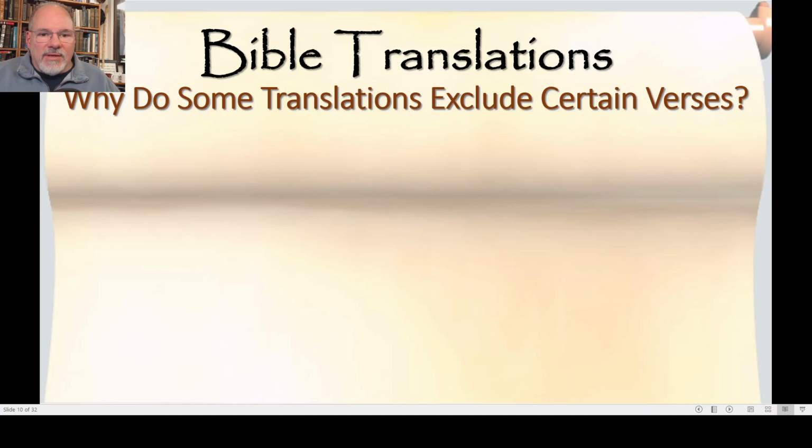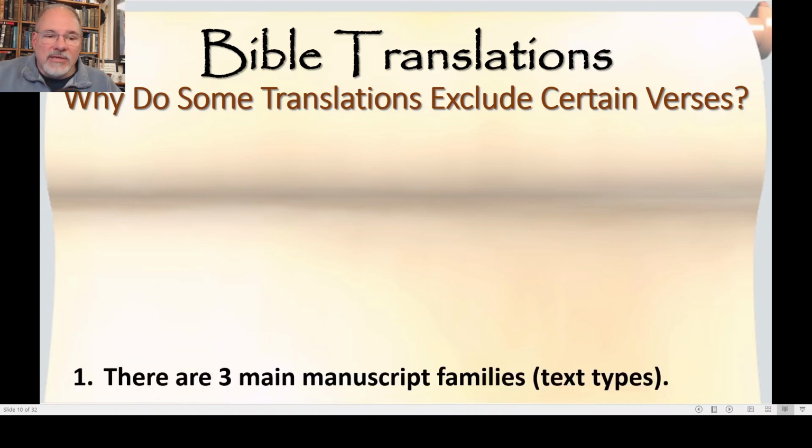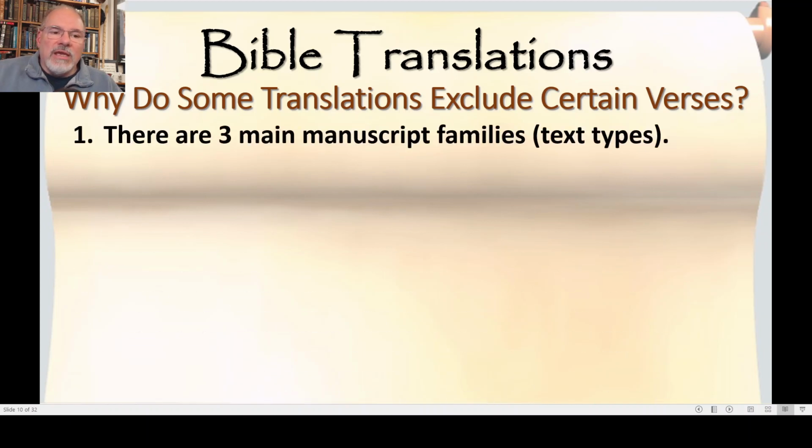Now, we're going to get a little bit into the deeper end of the pool here. Why do some translations exclude certain verses? I get that question all the time. And this is going to be the answer. There are three main manuscript families, or what we call text types.